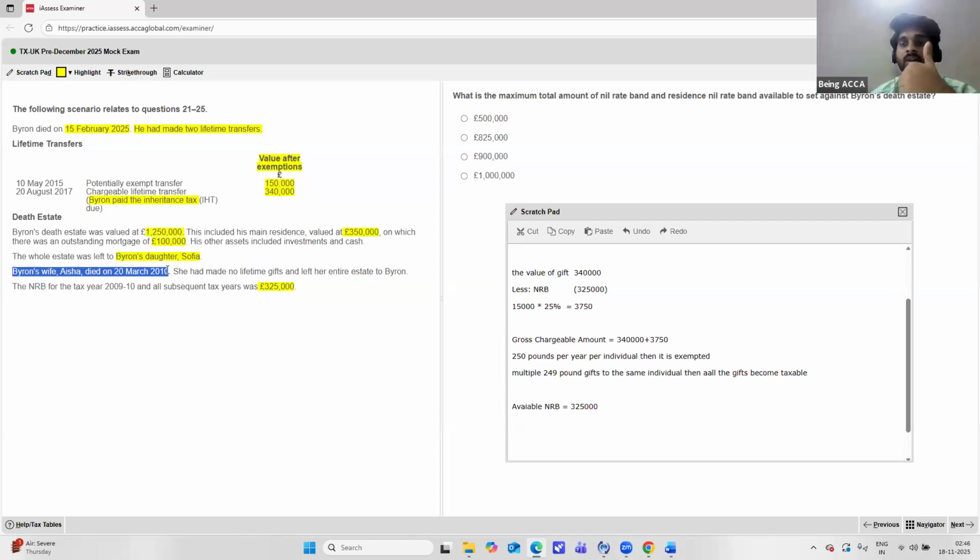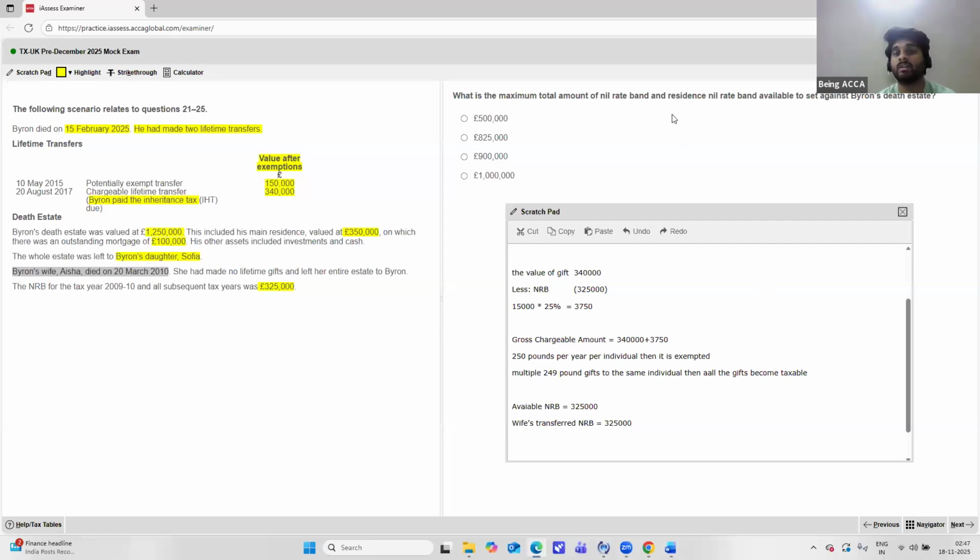But as we can see, no nil rate band had been utilized, and at the time of Aisha's death, the nil rate band was also 325,000. So that is entirely available to Byron. The wife's transferred nil rate band is also 325,000. So the total nil rate band available comes up to 325 plus 325, which is 650,000.